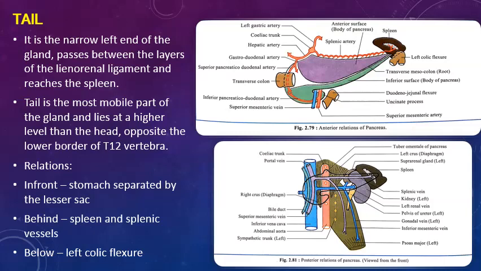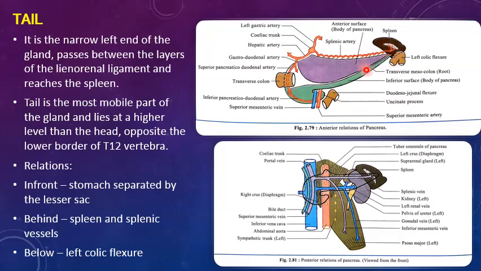Then coming to the tail. The tail is the narrow left end of the gland, and it passes between the two layers of what ligament? The lienorenal ligament, and reaches the hilum of the spleen here.